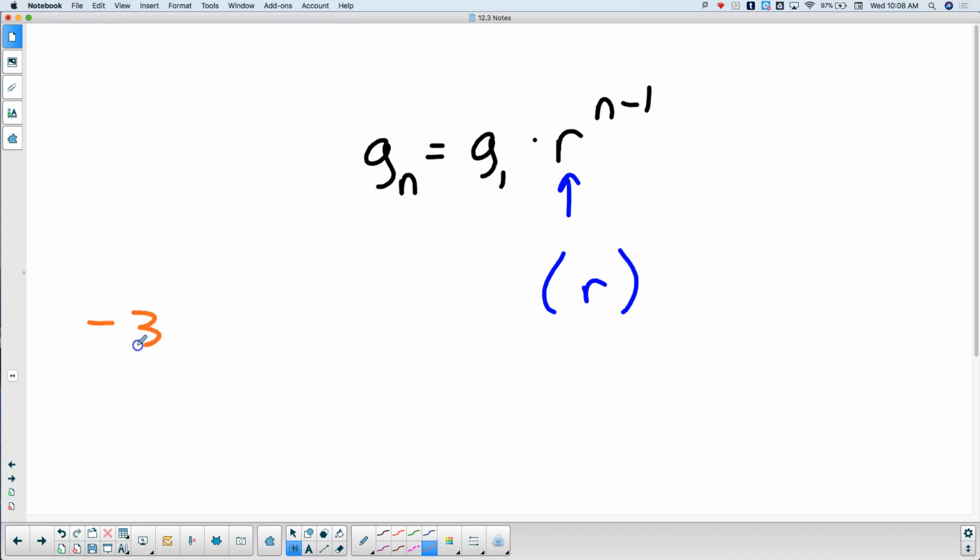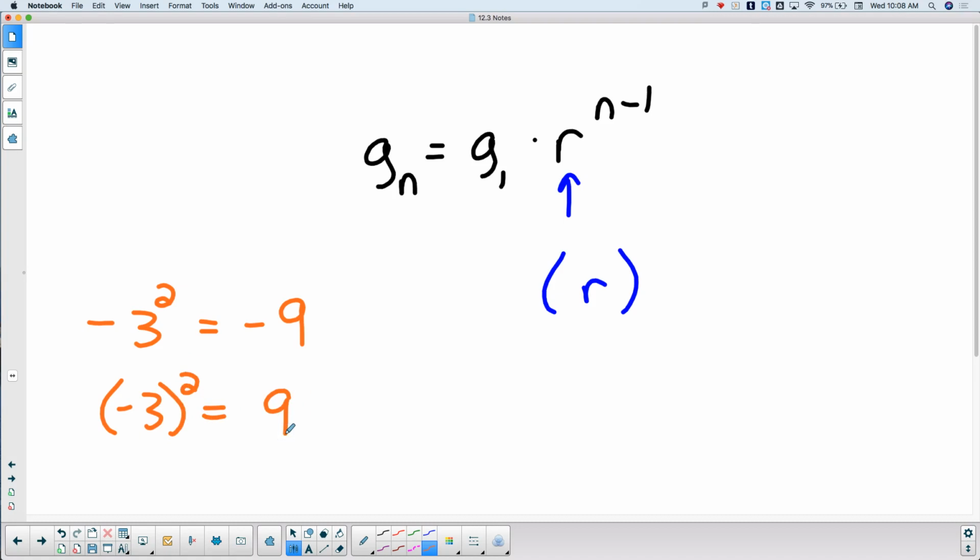mathematically speaking, if I type this into a calculator, my answer is going to be -9. Because the squared is only controlling the 3, not the negative sign. So this is -1 times 9, which is -9. This, if I type it into the calculator, gets me +9.